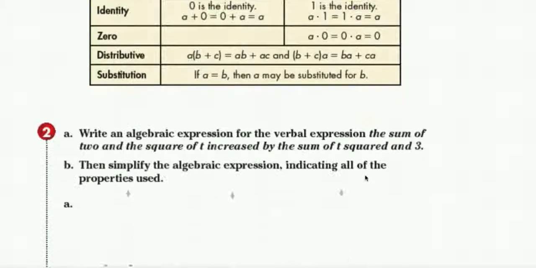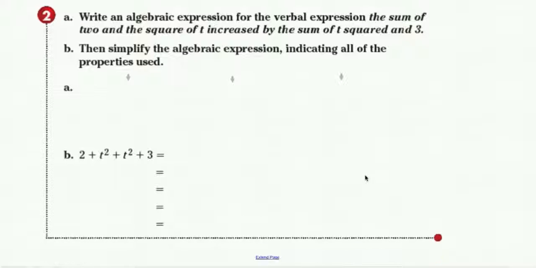Okay? And let's finish this off with example number 2. Write an algebraic expression for the verbal expression: the sum of 2 and the square of t increased by the sum of t squared and 3. And letter B, then simplify the algebraic expression indicating all of the properties used.